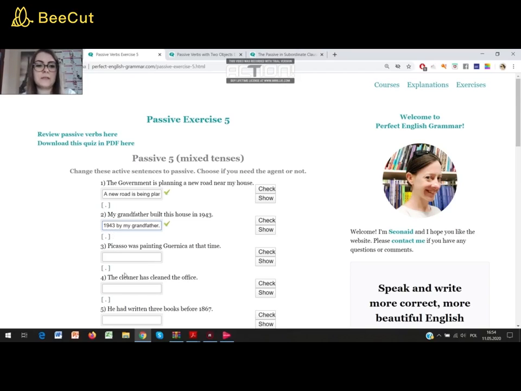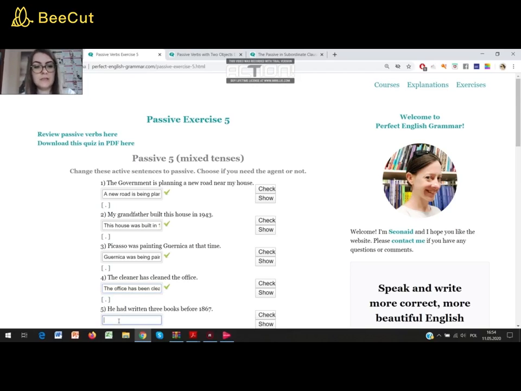Okay, Picasso was painting Guernica at that time, so Guernica was being painted at that time by Picasso. Okay, the cleaner has cleaned the office. So the office has been cleaned, and of course by cleaner, so we don't have to add it.